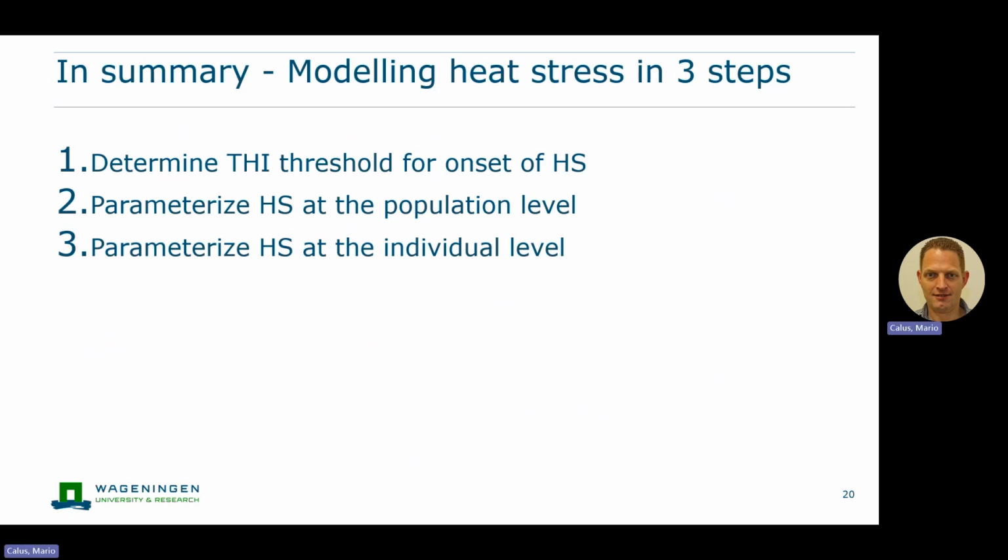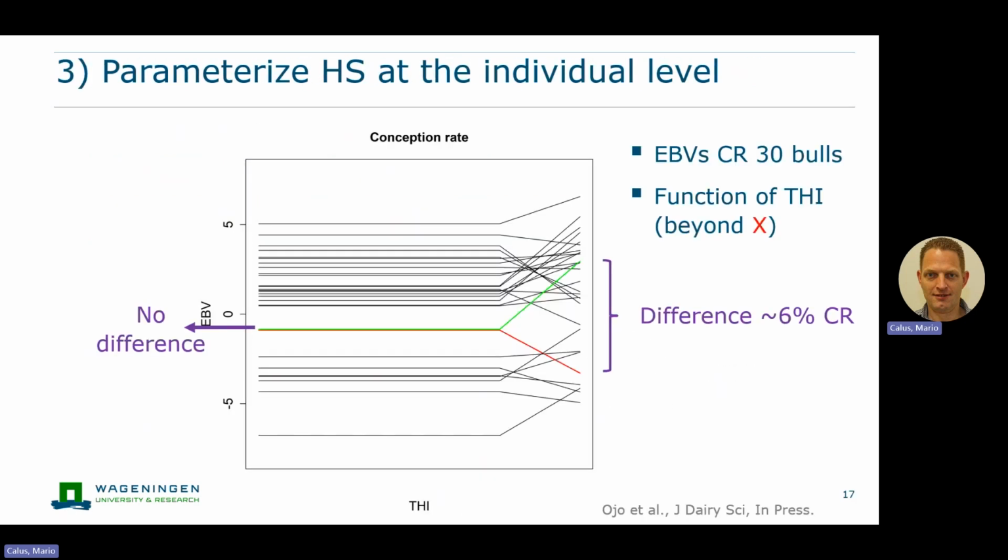Do you use a sire or an animal model? That's a very good question. So in this particular study, where I showed these results, we used the sire model, and I think maybe we started initially with an animal model, but the problem is that this is a trait where each individual has only one phenotype, right?